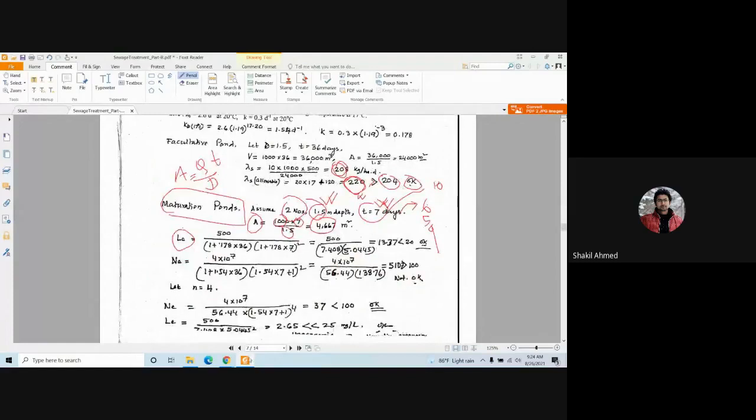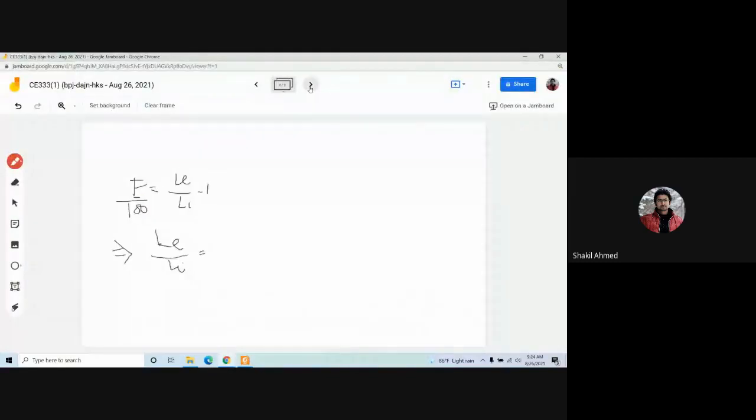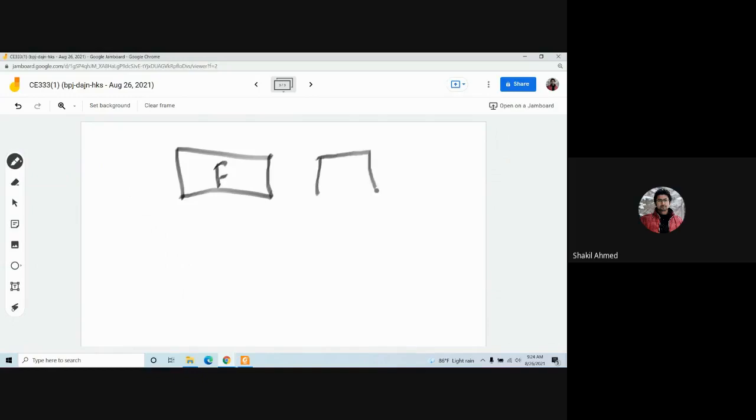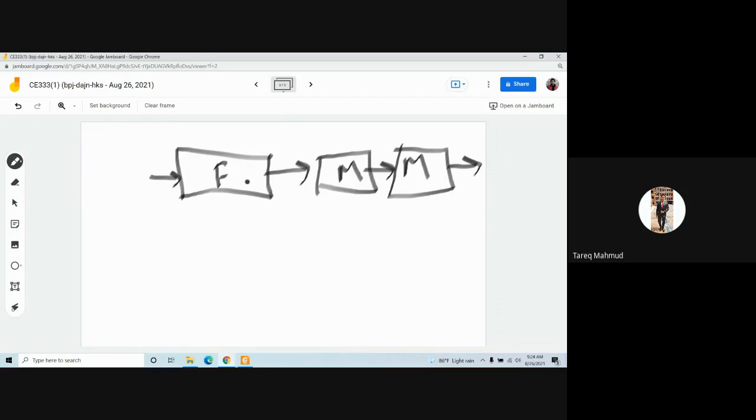How many ponds do you have here? You have one facultative pond and two maturation ponds. Am I right? Are you following me? One, two, three.